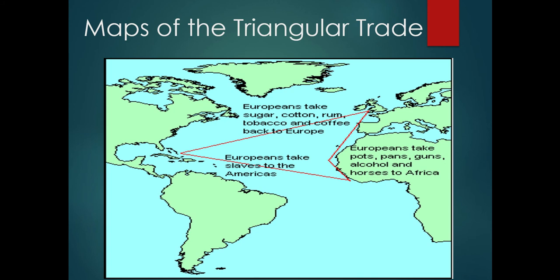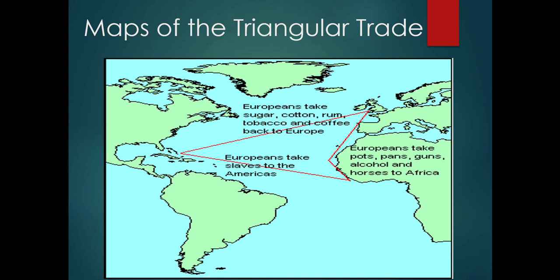Here is a map of the triangular trade. You see that Europeans would take different items, so pots, pans, guns, even alcohol and horses and other stuff, even more than that, all the way to Africa. And then the Europeans would then take slaves. So that's how they paid for slaves. They would transport them to the Americas.